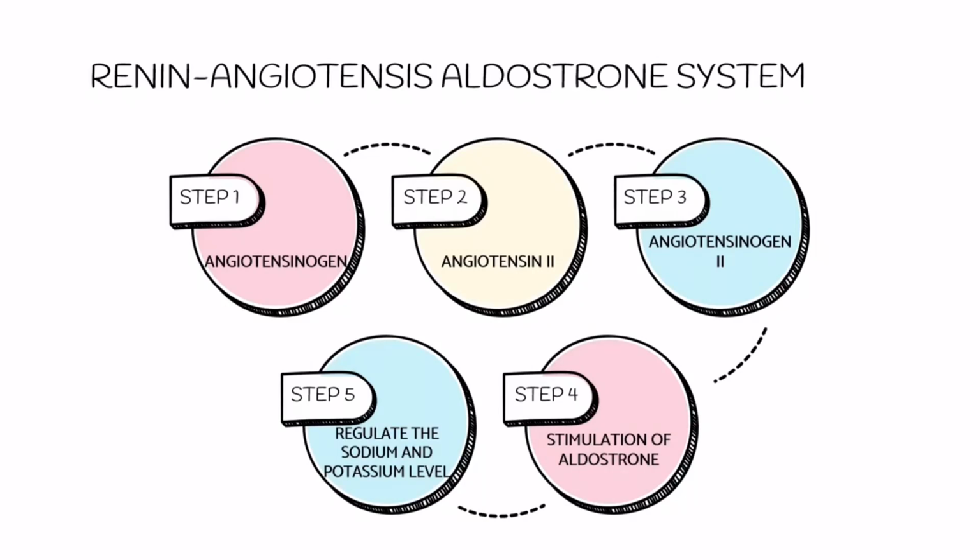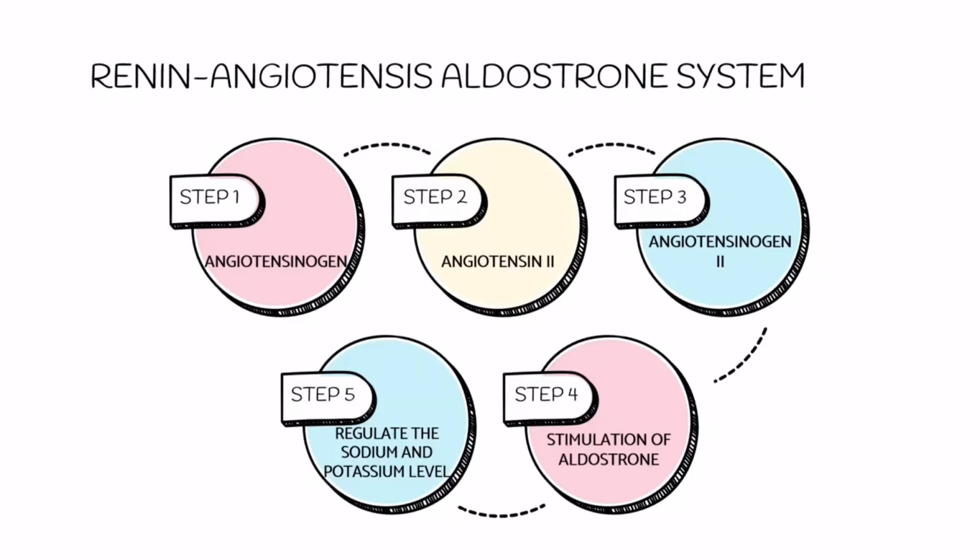As we can see here, the angiotensinogen, the inactive form of the angiotensin, will be converted into angiotensin 1 by the renin. Secondly, angiotensin 1 will be converted into angiotensin 2 by the angiotensin converting enzyme, or called ACE.